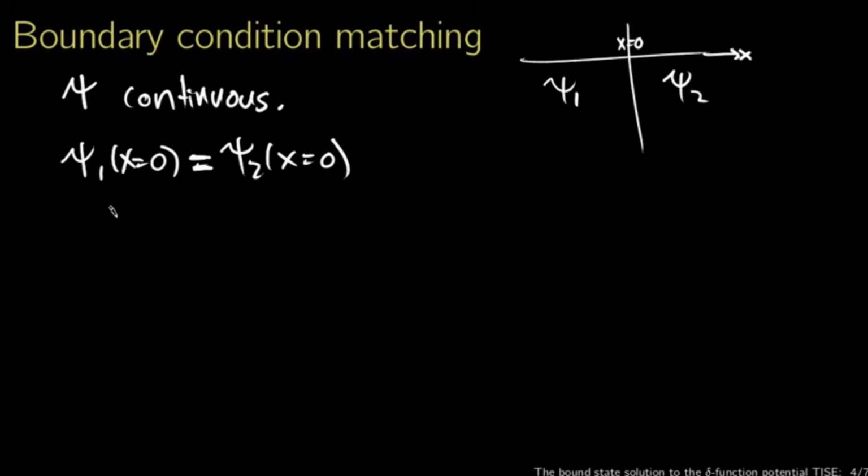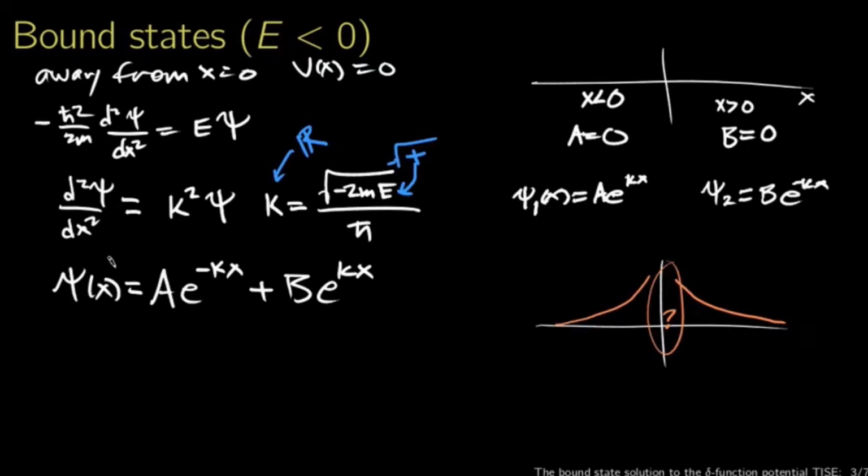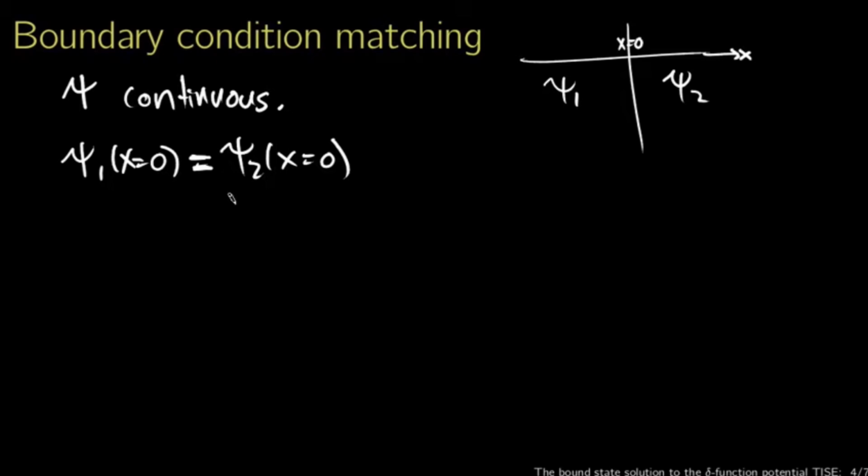So if we go back to our general solution, flipping back a slide a moment to get my a's and b's straight, our psi 1 was a times an exponential growing with x, and psi 2 was b times an exponential decaying with x. So going forwards a slide, our solution in region 1 is a e to the kx.